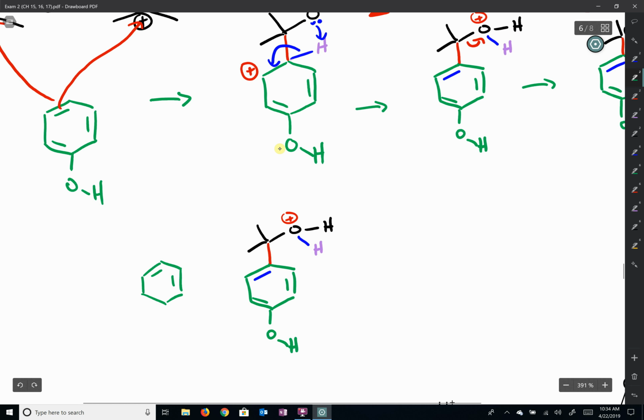Why couldn't I, at this point, just do this, right? Well, can you guys think of a reason why that might be? What are we somewhat showing in this mechanism here, right?